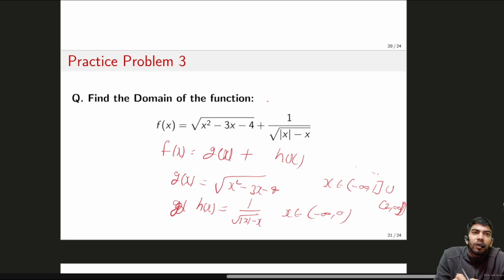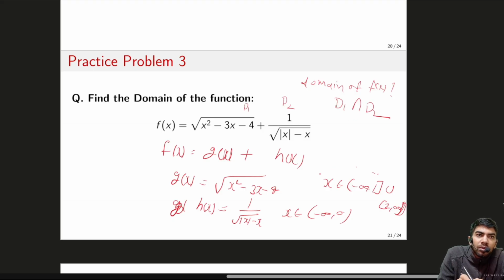The domain of f(x): let D1 and D2 be the domains, then the domain of f(x) is D1 intersection D2. The intersection of the domains of g(x) and h(x) is minus infinity to 0. So the domain of f(x) is minus infinity to open 0.